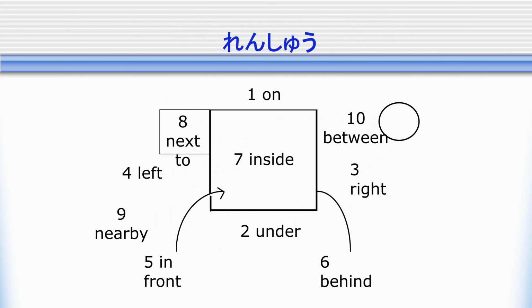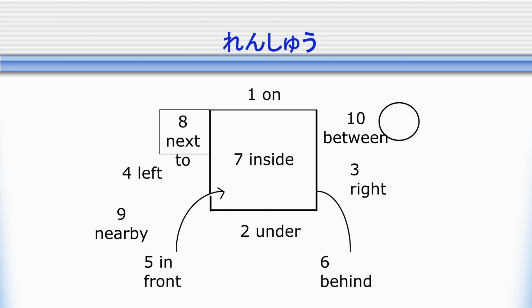Okay, so let's take a look at these location words. If you want, you can take a look at the list on page 106 of your textbook. See if you can identify what number we use for each one, or what location word we use for each number in this picture. Once you're ready, we'll check together.